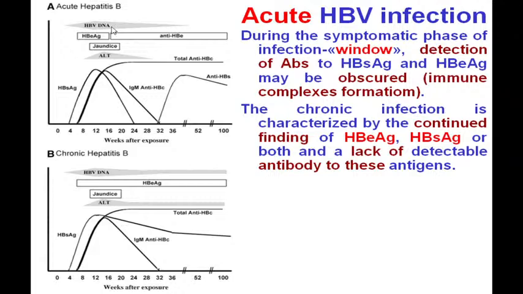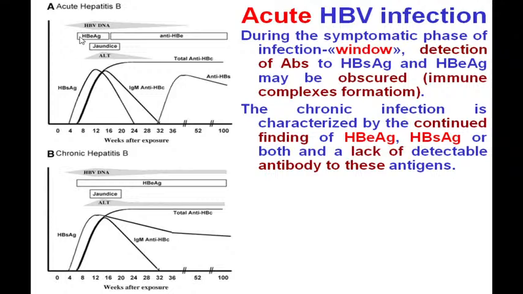Within the acute disease, we can see a lot of hepatitis B DNA by polymerase chain reaction, even within the incubation period, sometimes before. See, jaundice is here and the hepatitis B DNA is there already.